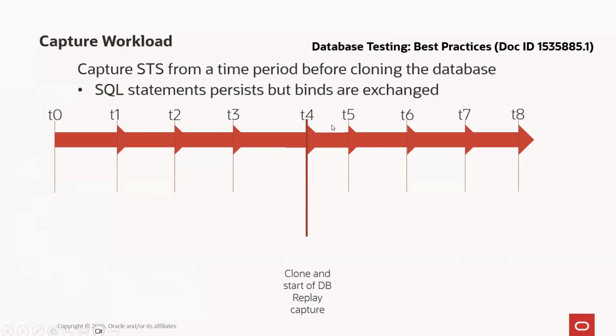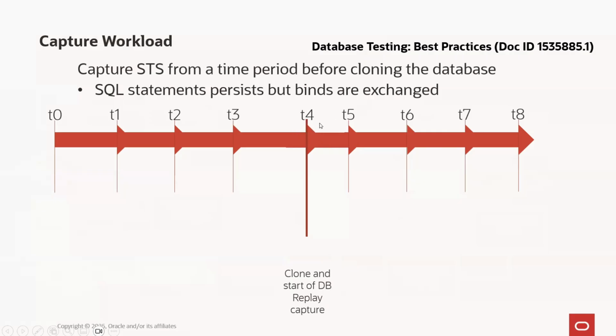When the capture for Database Replay completes after T8, Database Replay generates a report. The capture generates a report. And that report includes a lot of information, includes transactions that were captured, sessions that were captured, but also includes the SCN number of the production database at the time of T4, at the time when I started the capture.